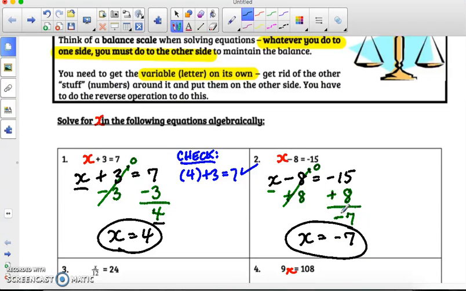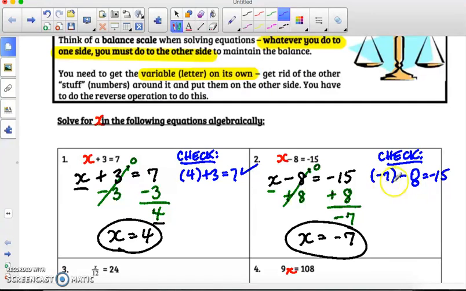Can you check your answer for this? Of course you can. So to check, now I'm not always going to ask you that you have to check your answers, but it's always good to do it to see if you're on the right track. Now this is where brackets become really key. Plug in -7 for x, put in -8, which is supposed to equal -15.